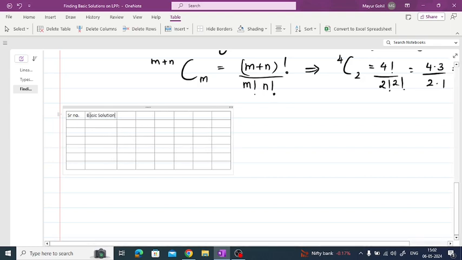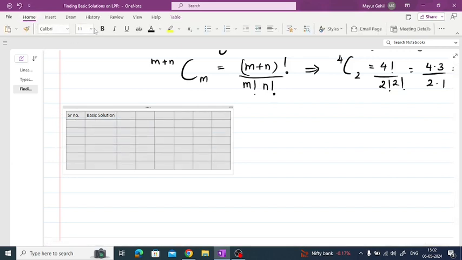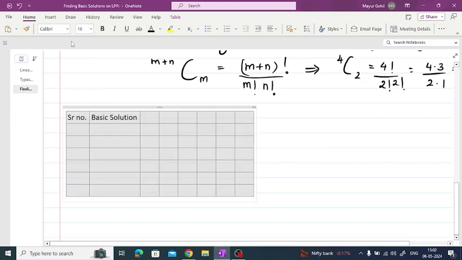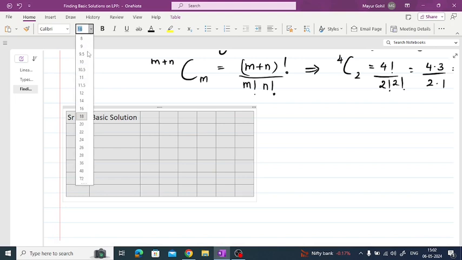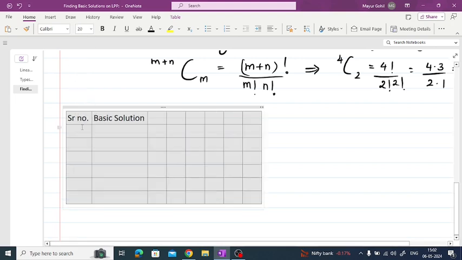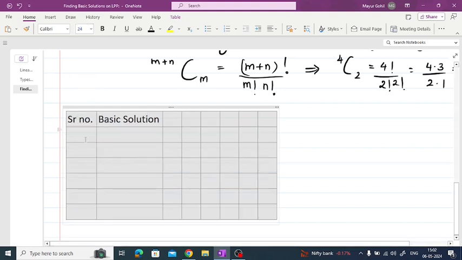I'll increase the size of the font to, let's say, 18 or 20, which would be better. Yeah, this would be good.